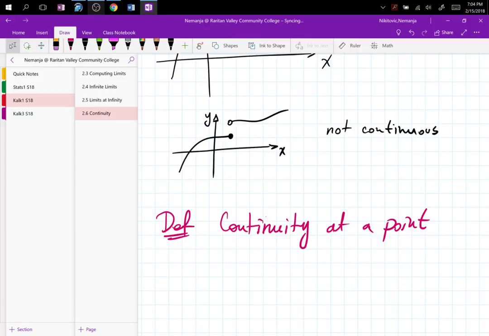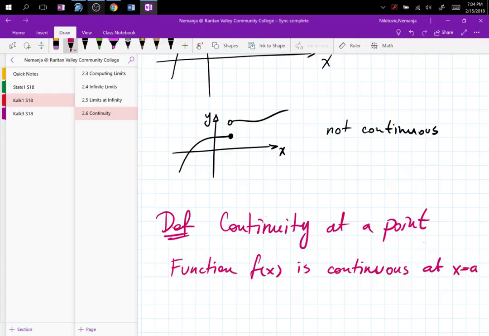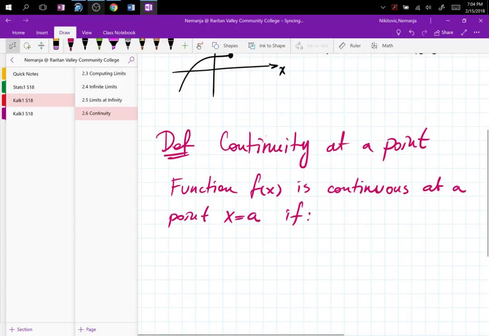A function f of x is continuous at a point x equals a if, and now we have three conditions, they all have to hold.